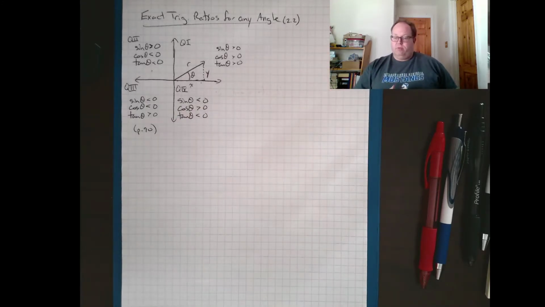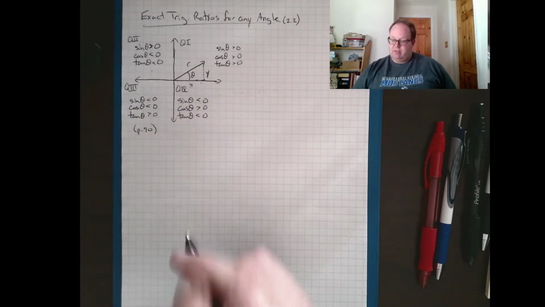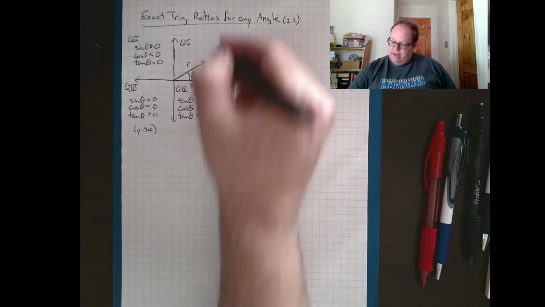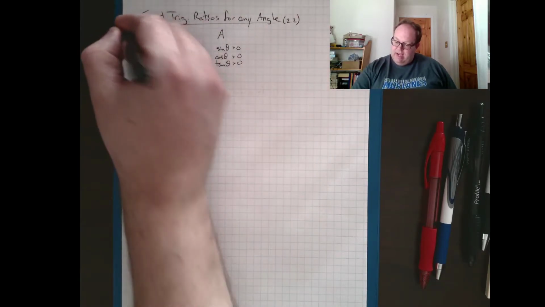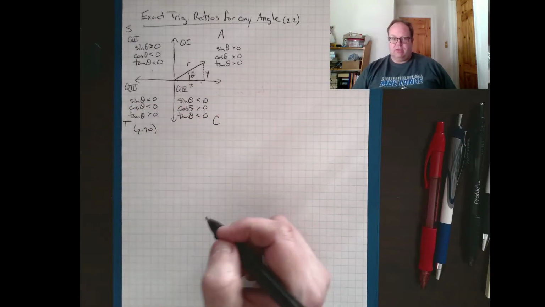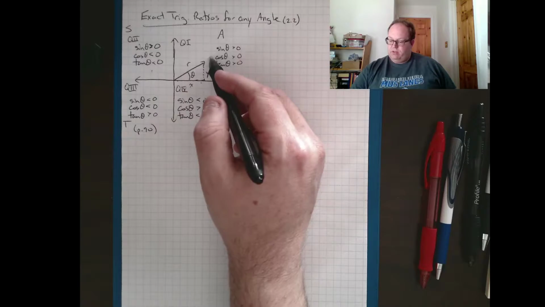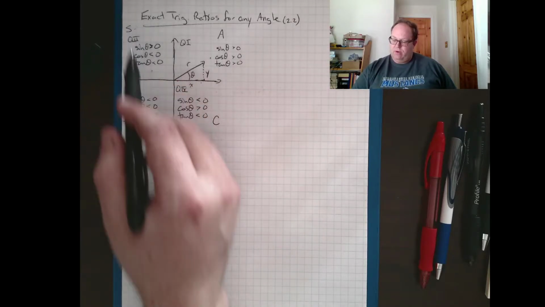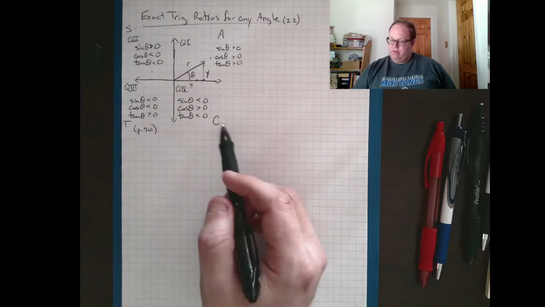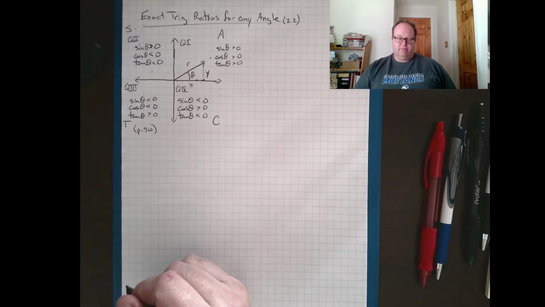Another short form that's put into this is the CAST system. Cosine, all, sine, tangent, which sort of tells you what's positive where. All the ratios are positive in the first quadrant, only sine in the second quadrant, tangent in the third quadrant, and cosine in the fourth quadrant.